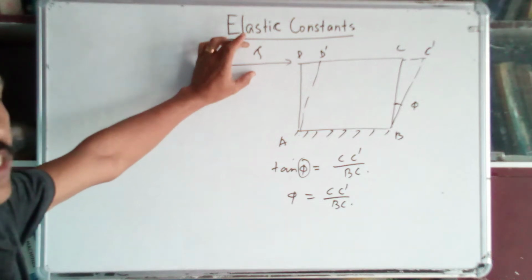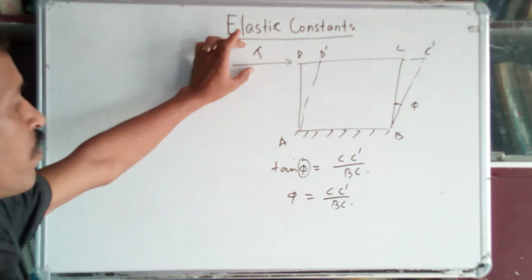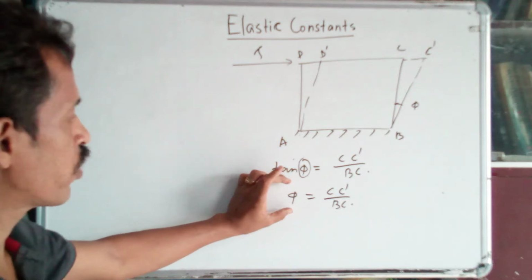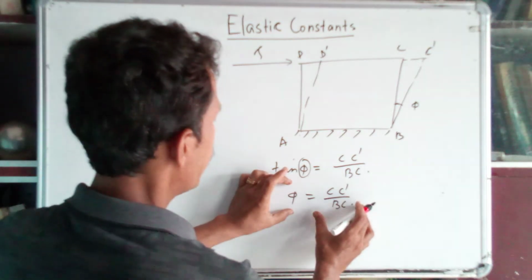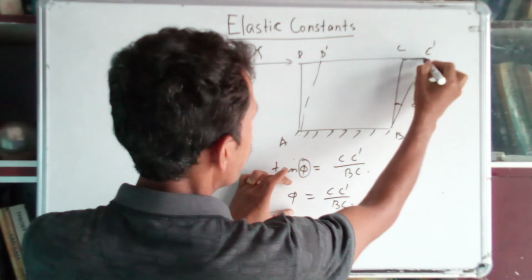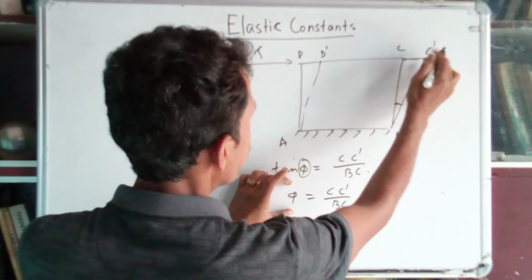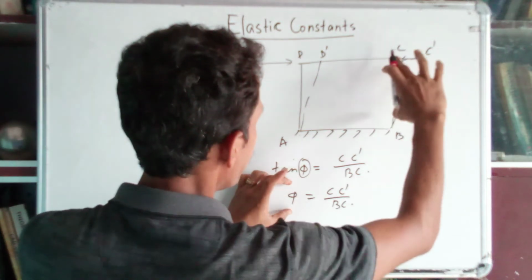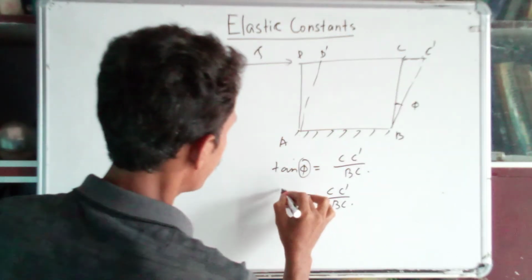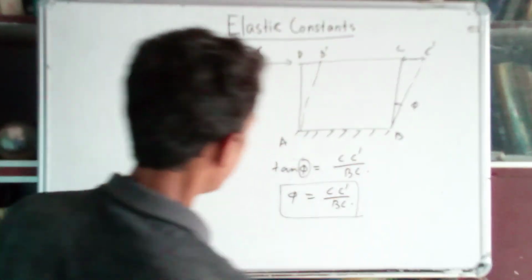Now this is called shear stress, and that is called shear strain. So shear strain is the ratio of this C dash divided by BC. This is called shear strain.